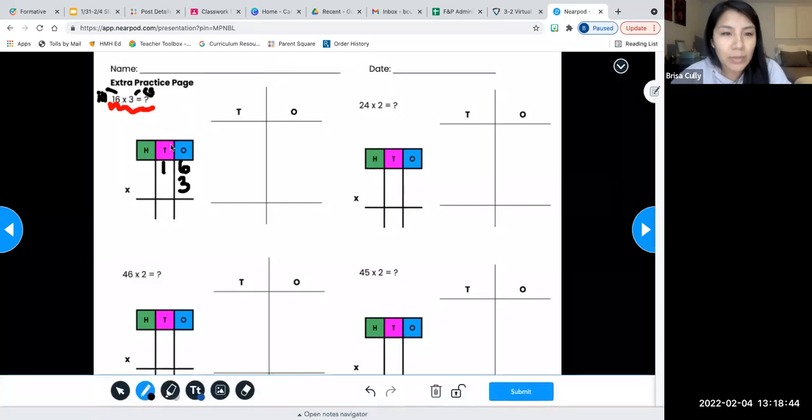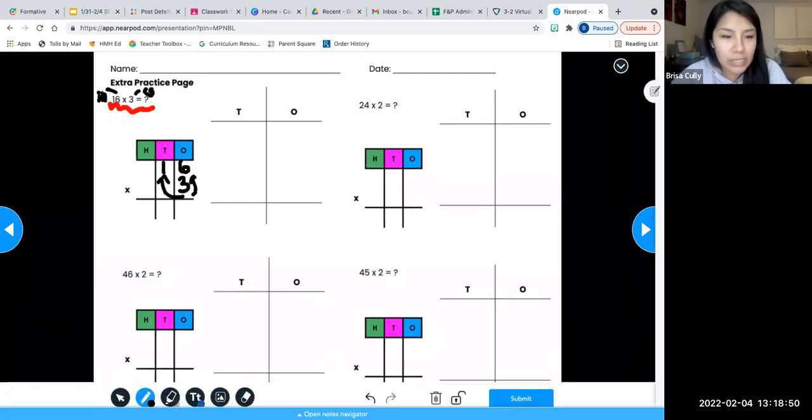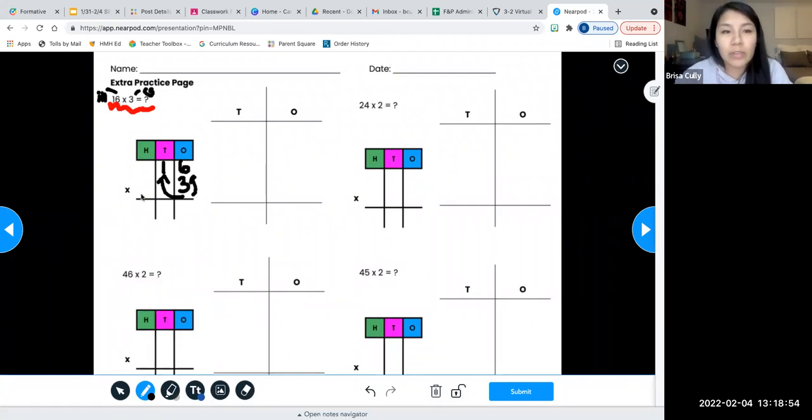Ones go in the ones place, tens go in the tens place. A lot of you like to use the arrows to help you remember the steps of multiplying. That's fine as well. So we filled in the vertical form, but now this chart over here can be used for your base 10 pictures.